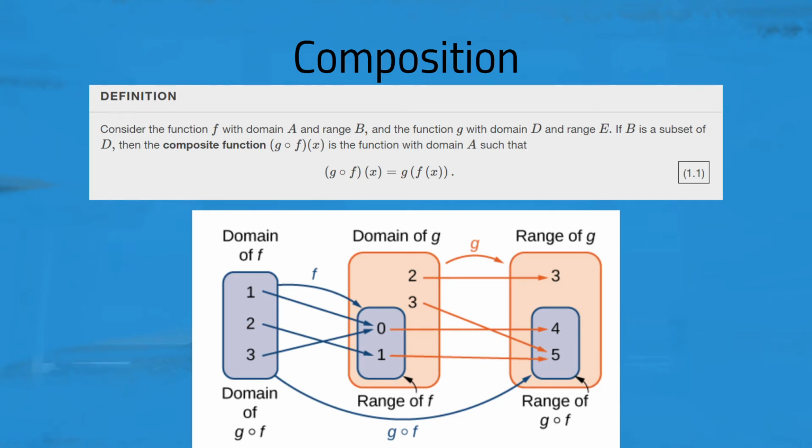And what that means is that our innermost function f will take in your domain, and then whatever you get there as your range, as your output, you put that into the g function, and then you get your range of g as well. And so this is the graphic representation of the composition of functions.